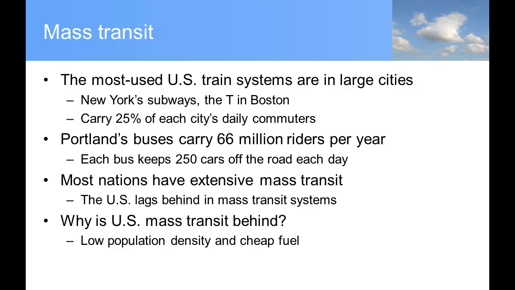One of the reasons for that is we have a much lower population density throughout most of the country. Europe is a much more urbanized and much more densely populated region than the United States is. You couple that with cheap gas, and mass transit often has a much harder time getting public support.